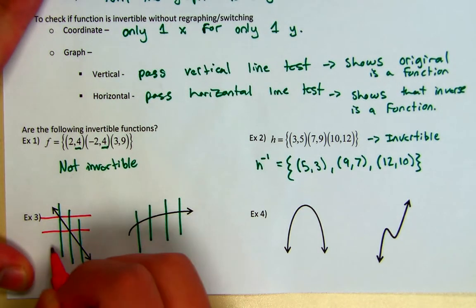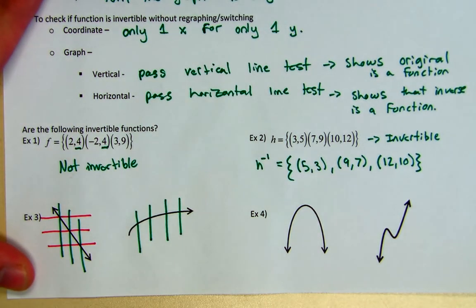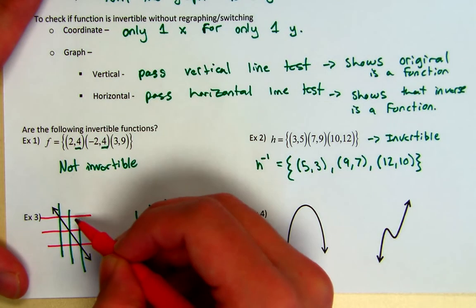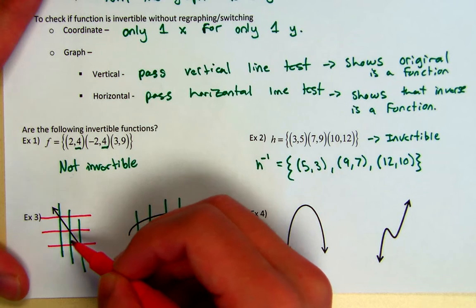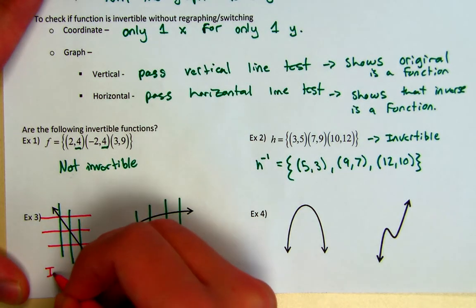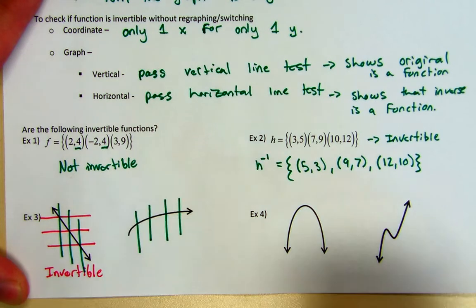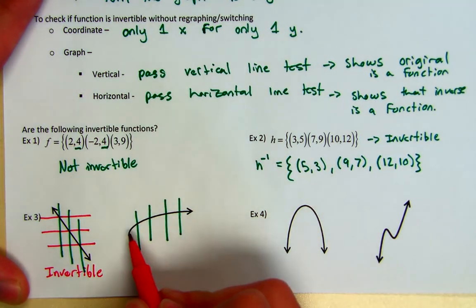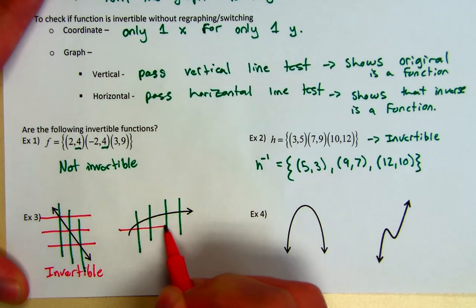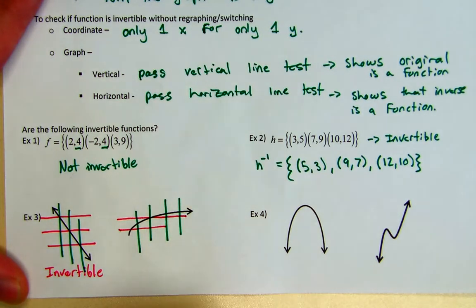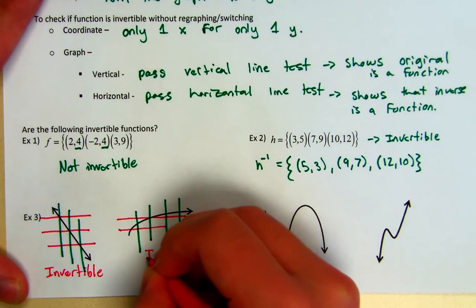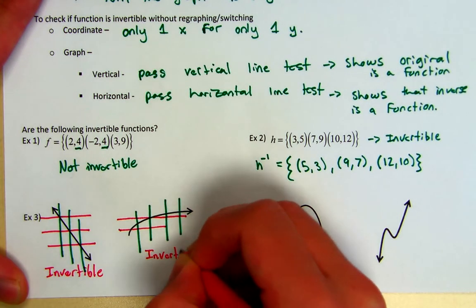Since when I draw horizontal lines through that graph, it will only hit it once, then I know it's passed the vertical and it's also passed the horizontal, so it is invertible. Again, if I look at the next function here, if I pass horizontal lines through here, it's always going to hit it once. So again, this function is invertible as well.